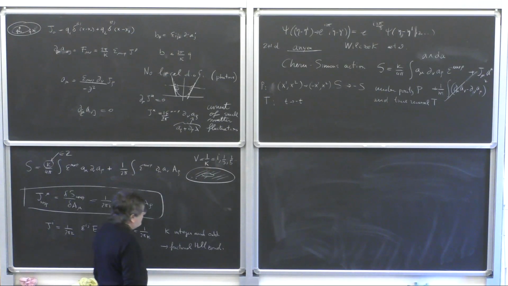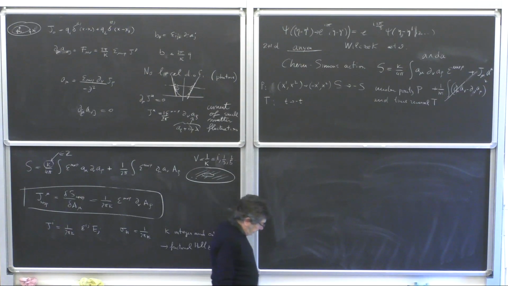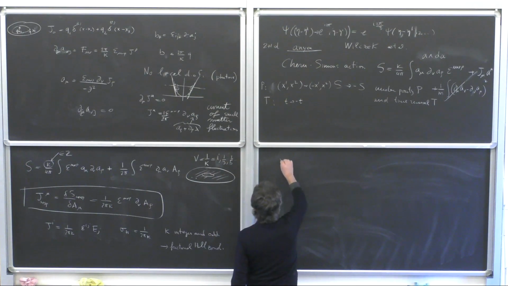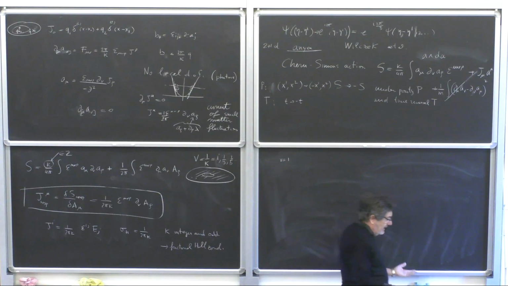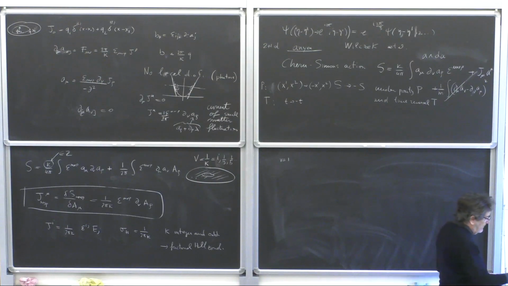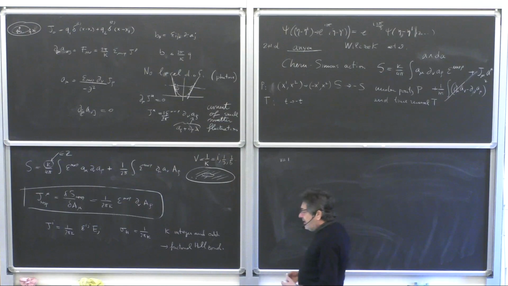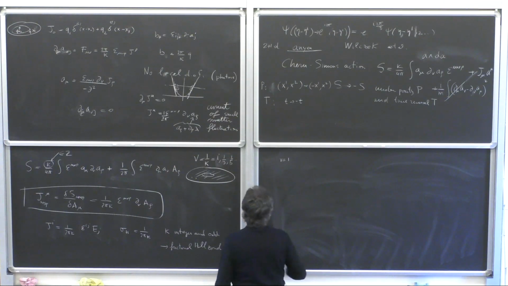We have seen that in the case nu equal to 1, you had these chiral fermions, one on one side and one on the other side, and the chiral fermions obey this current algebra. So we define the modes of the current.